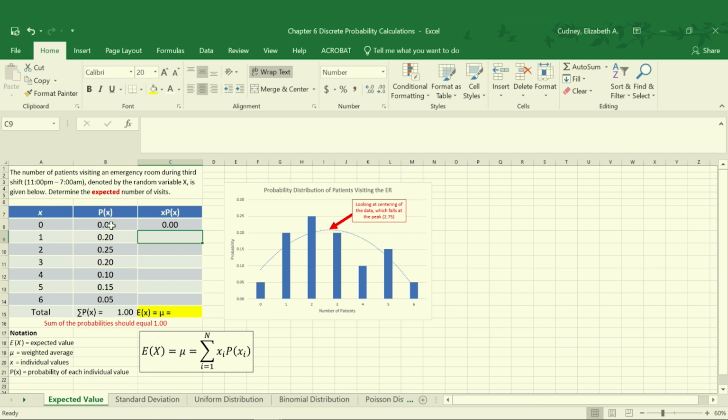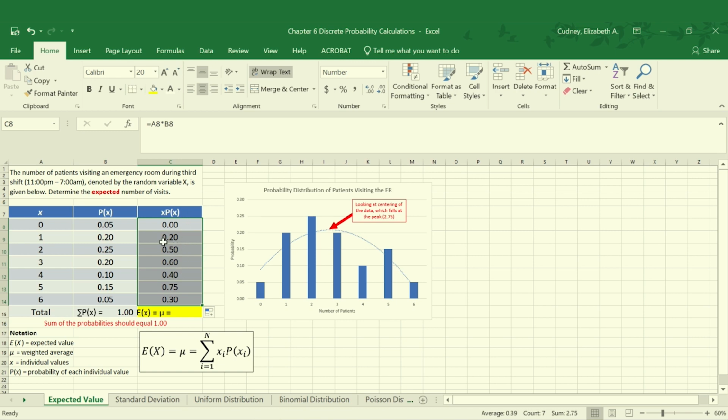We have 0 times 0.05. I'm going to take that information then and copy it down, and we have the probability for each of those.